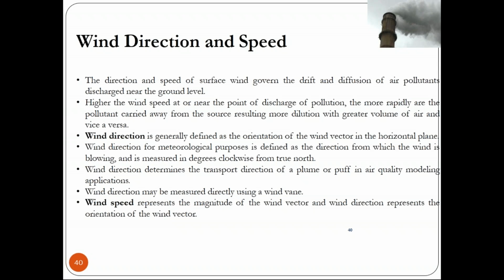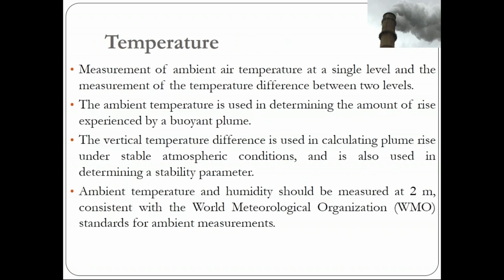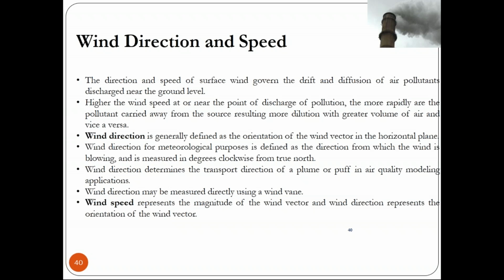Also, wind direction may be measured directly using a wind vane. So the wind vane is one equipment. Wind speed represents the magnitude of the wind vector, and direction represents the orientation of the wind vector. We'll discuss how we can prepare the wind rose diagram. The data for wind direction and wind speed can be collected using the wind vane.